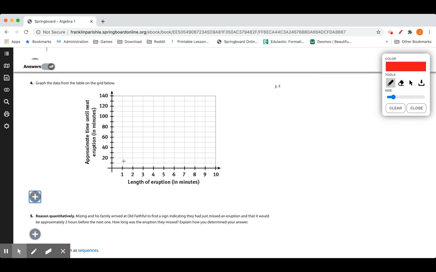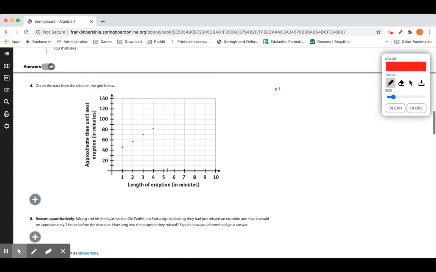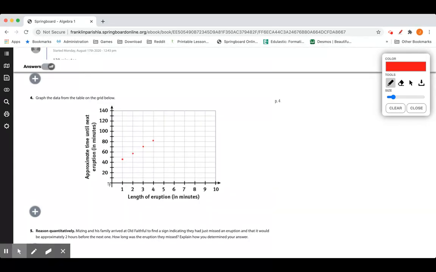So 46 would be about here. 58 would be around here. 70 right about here. And 82 would be around here. That's all it was asking me to do, graphing the table. You'll notice that it makes a line that's going up, increasing.